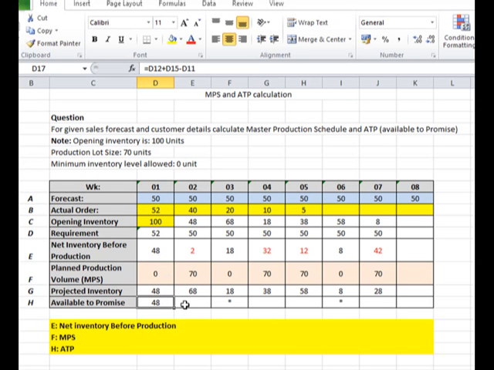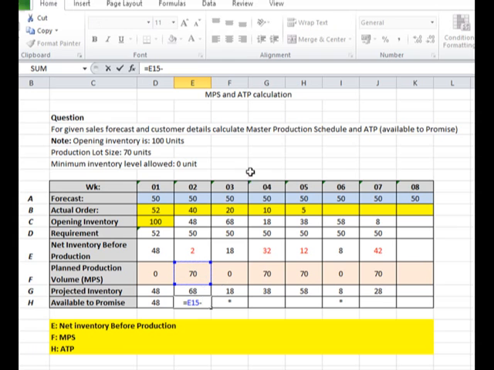Only in the first week do we have to consider the opening inventory. In the rest we do not consider the opening inventory, because it is already considered in the projected inventory which is carried on, and according to that we are getting MPS. So we are not considering opening inventory in further weeks. For week 2, we calculate ATP as what we produced minus the actual customer requirement till the next MPS cycle.